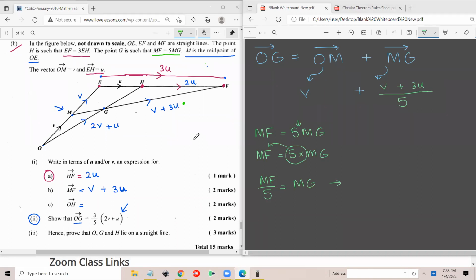So now we have an expression for MG. Take it down over there. To be honest, I really hope you all don't get a hard question like this in the exam. It is possible you could get it, but very unlikely.